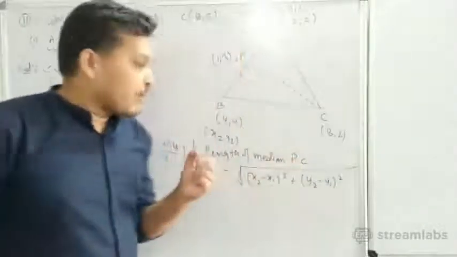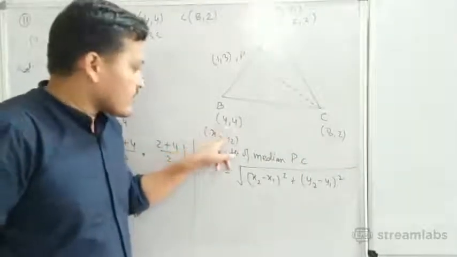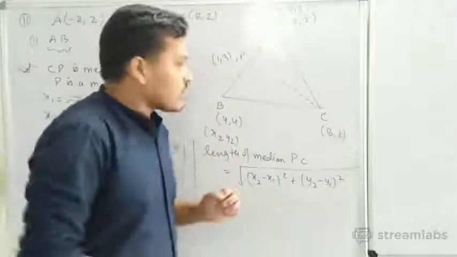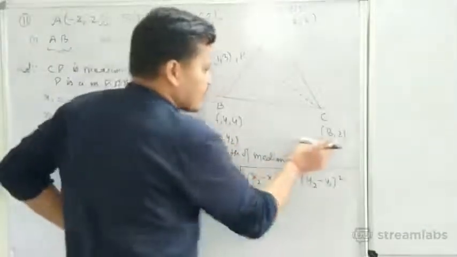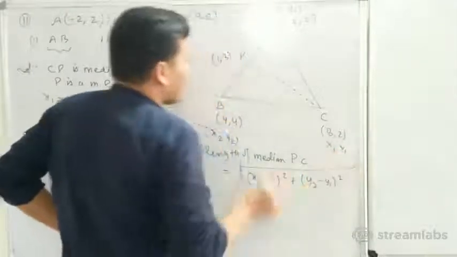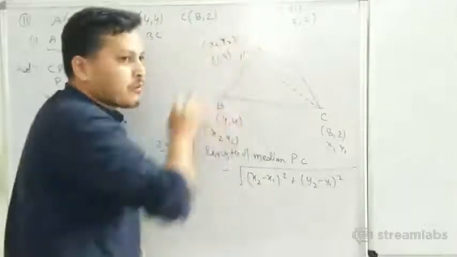Many students are confused here because I noted this point as x2, y2, but you can change the condition; the formula is the same. Suppose you take this point as capital X1, Y1, and now you can change it to X2, Y2. Now, any problem?